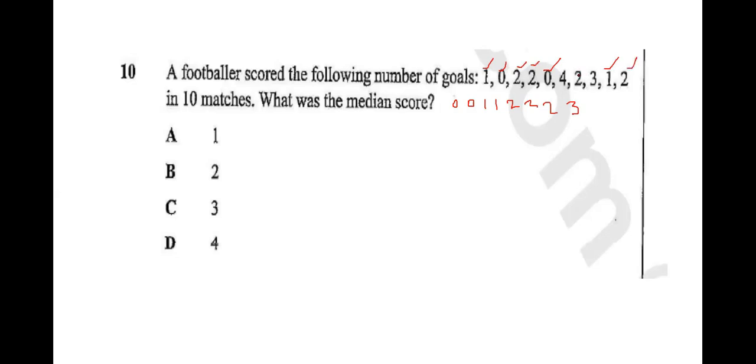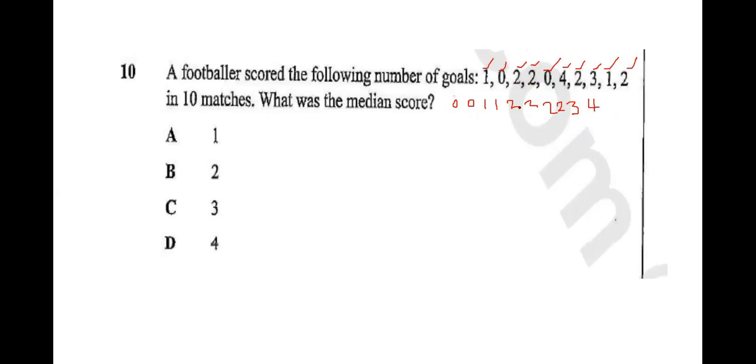Then how many 2s do we have? 1, 2, 3, 4. So there's another 2, this 2 that is here. Then we have a 3, then we have a 4. So all the numbers are being accounted for. So we have put them in order. This is 0, 0, 1, 1, 2, 2, 2, 2, 2, 2, 3, 4. So this is the order.